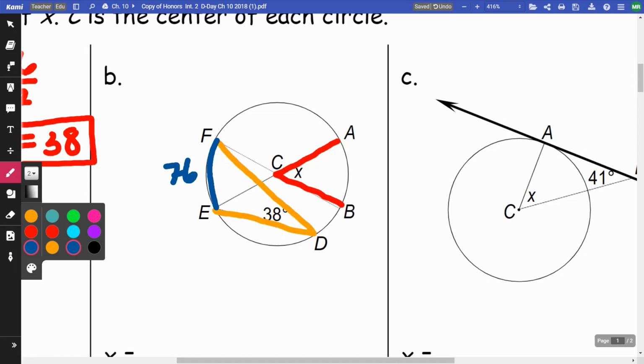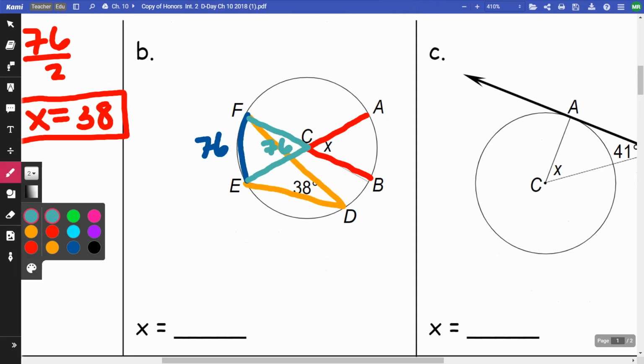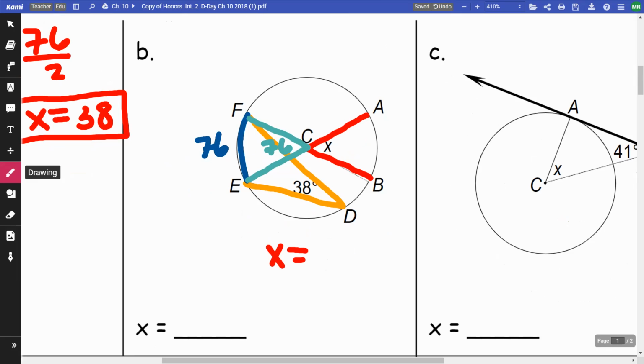And if that is 76, then this central angle is also going to be 76. And x and 76, those are vertical angles. So my x is going to be 76 degrees.